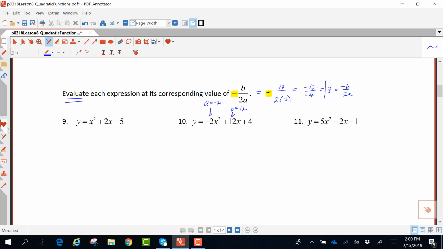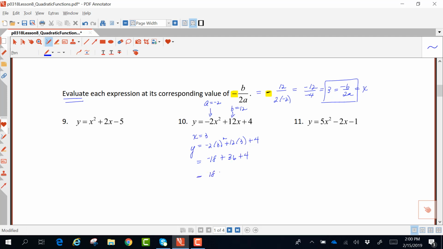So that's the first part of the question. Then it says evaluate this equation at that number 3. So we're going to equate this to x. 3 is x. So if I have an x value of 3, which is really my -b/2a, then my y value would be a -2 times that 3 squared, plus 12 times 3, plus 4. Negative 2 times 9 is negative 18.